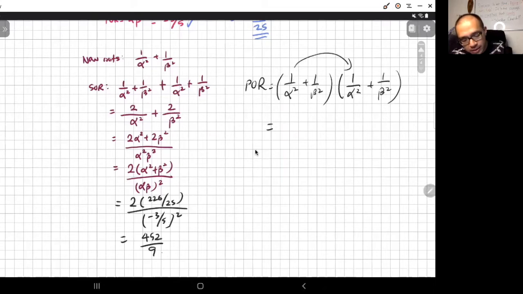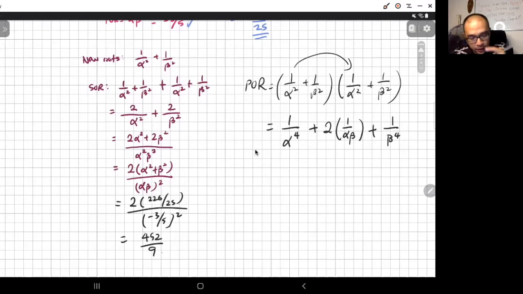So it'll be this times this, it'll be 1 over alpha to the power of 4, plus 2 times 1 over alpha beta, plus 1 over beta to the power of 4. Why do I have 2 over here? Because this times this, alpha squared plus beta squared. So everything will be squared lah.